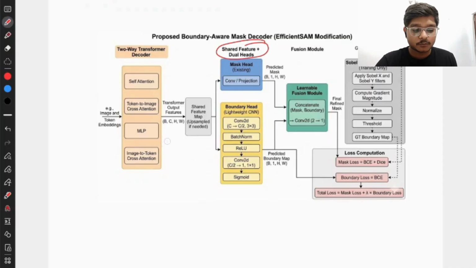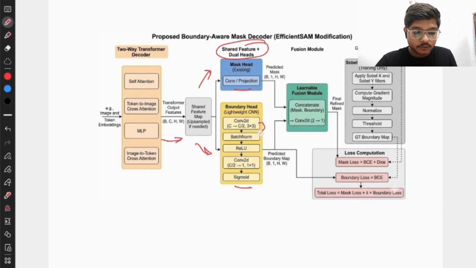We take the transformer output and treat it as a shared feature map, and then we have dual head branches. The first is the mask head, which is pre-existing in our original Efficient SAM model also. This continues to capture the coarse object regions. And second, we have another head, the boundary head, which is a lightweight CNN stack.